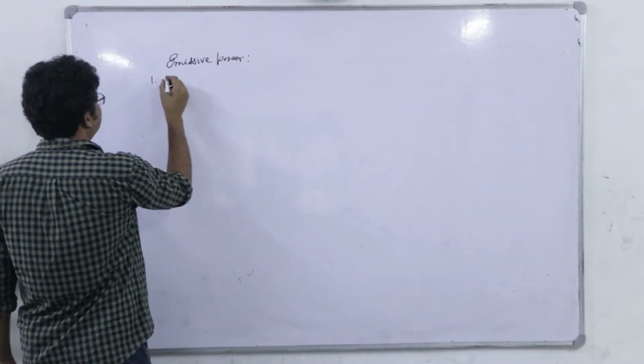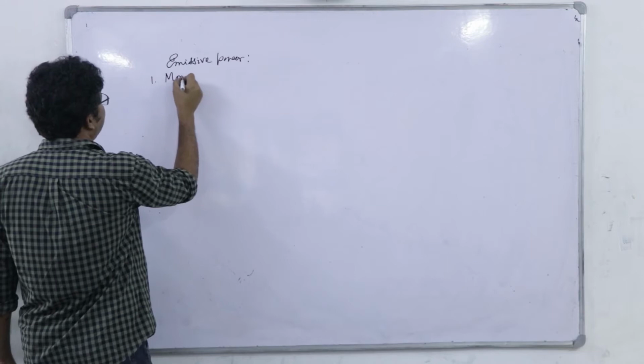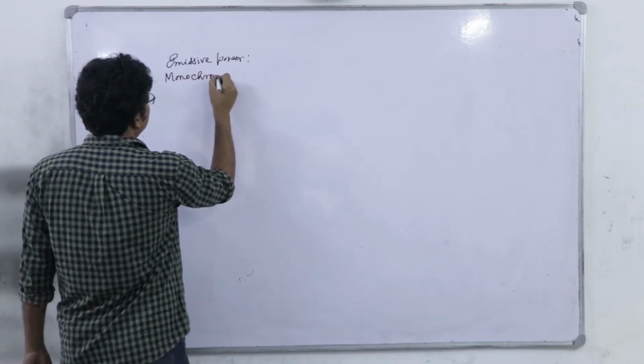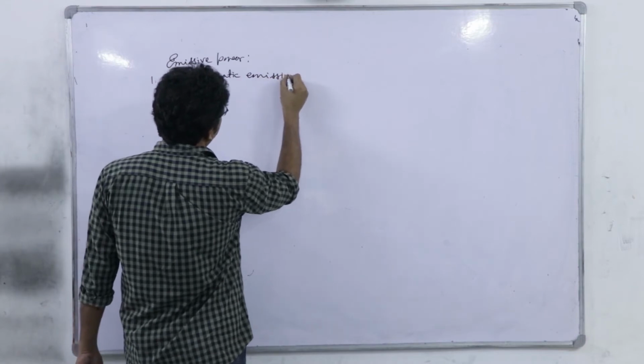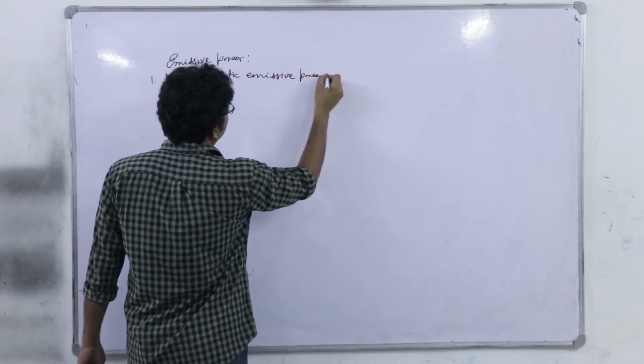So, when we are talking about emissive power, there are two definitions. One is monochromatic emissive power, right.